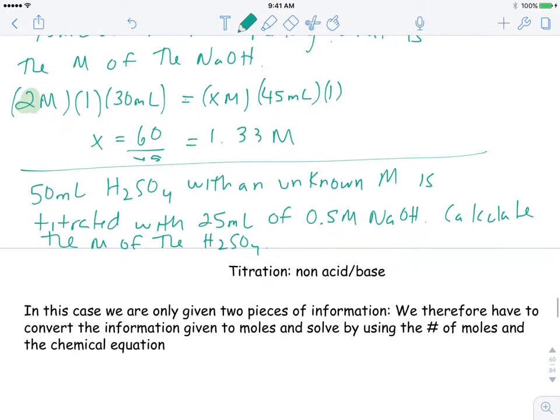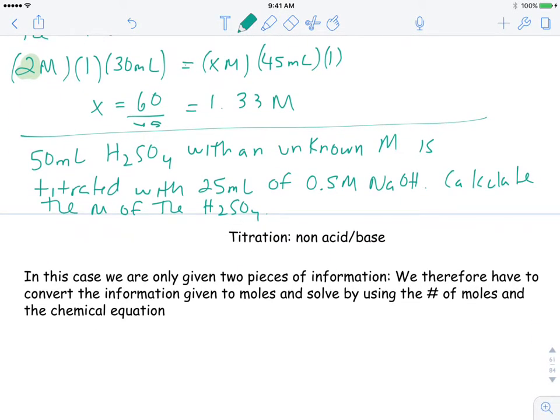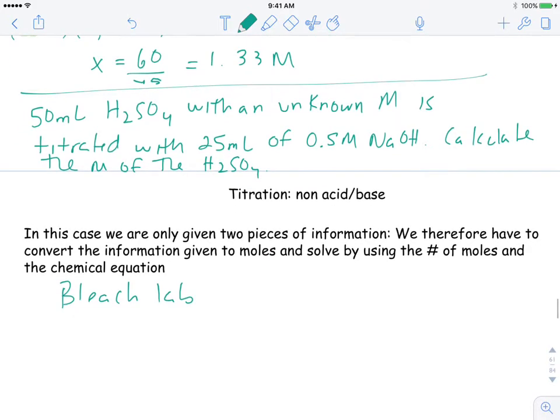Now, another type of titration that you may see is one that isn't an acid and base one, and this is what we did for the bleach. This was our bleach lab. There we had a titration between the hypochlorite ion, 2 of them, to the thiosulfate ion.